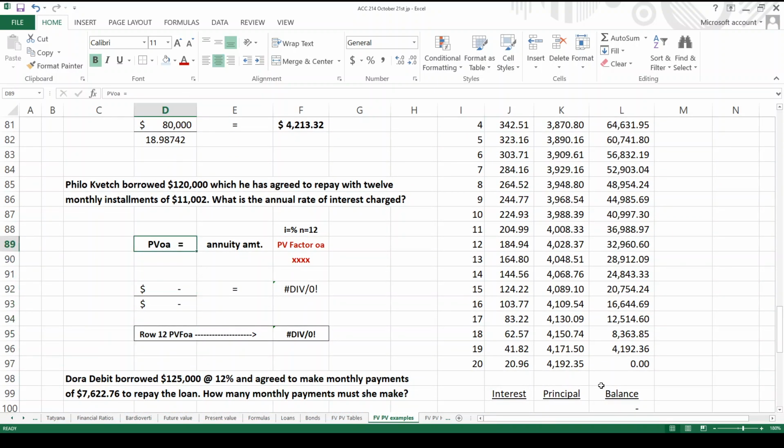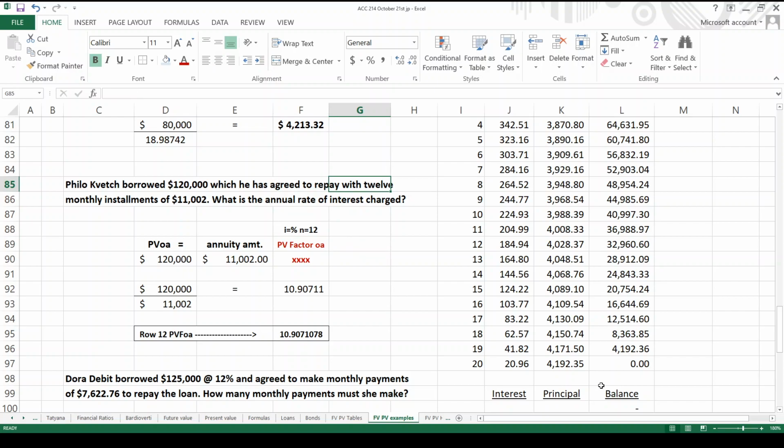All right, so the present value is the loan amount again, right? 120. And we know the annuity amount this time. It's 11,002. So we divide both sides of the equation by 11,002, and we get this factor. And we know that's a present value factor for an ordinary annuity. And we know the N is 12.